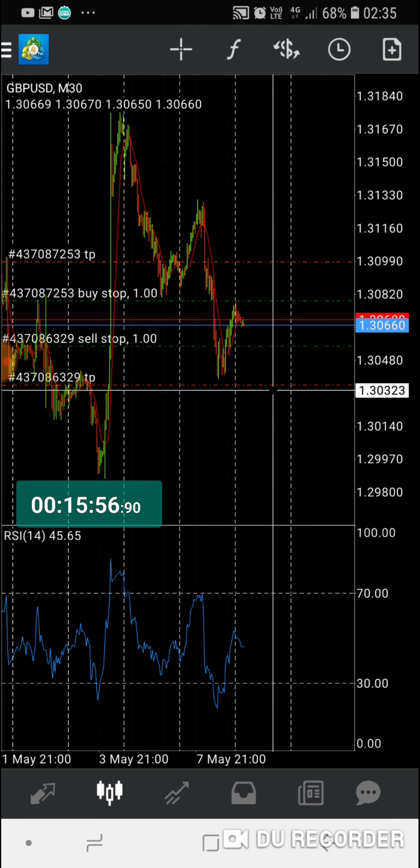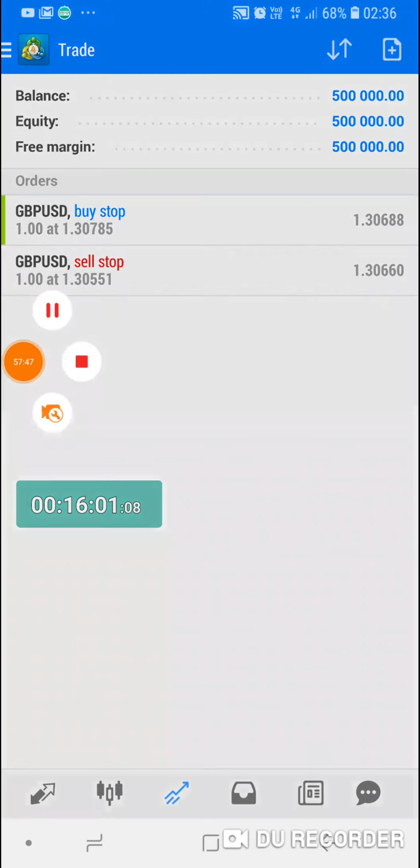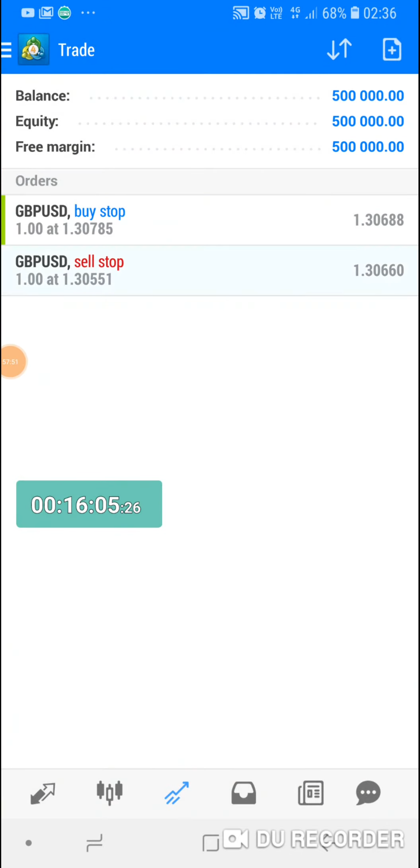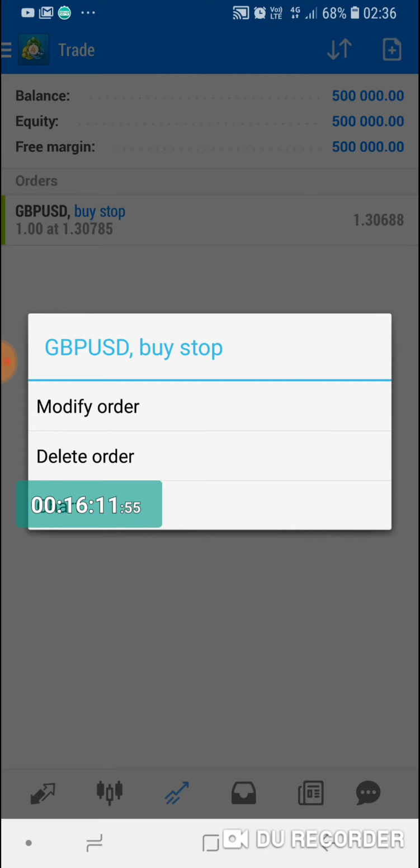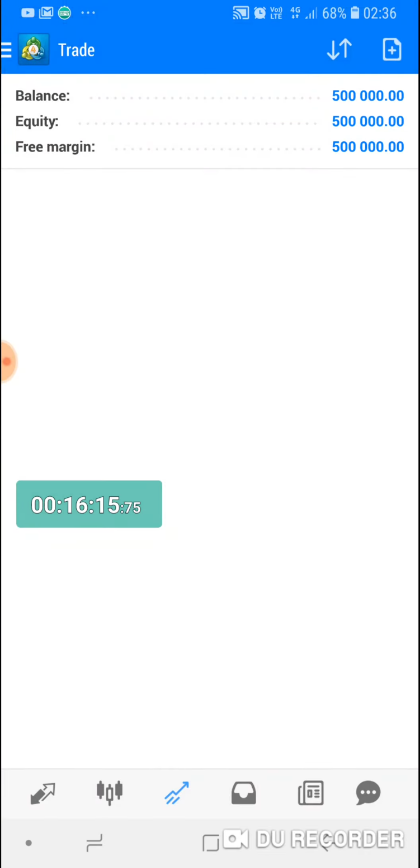Sorry, I meant take profit this side because we don't necessarily have stop losses. So when the situation is like this, if the buy stop triggers, you delete the sell stop. And then the buy stop, you close off with the profit or loss at that moment. So that's how we set for the Forex 1 minute strategy.